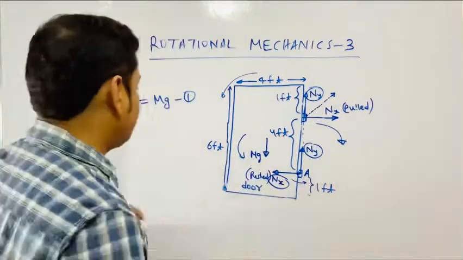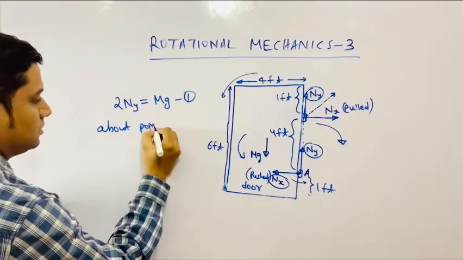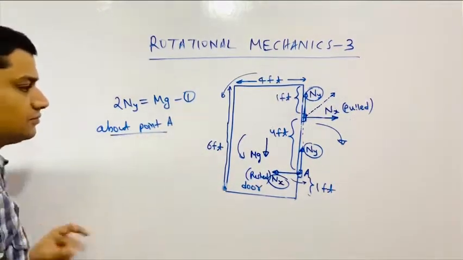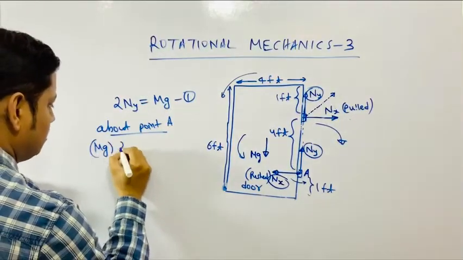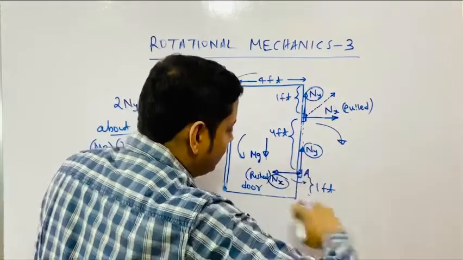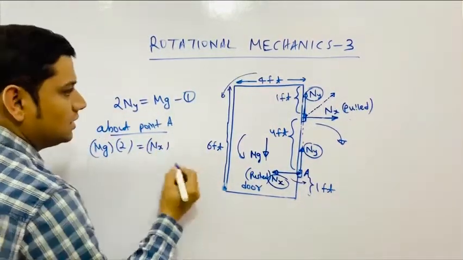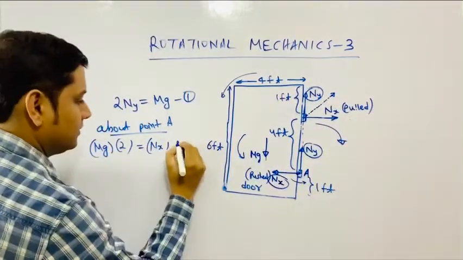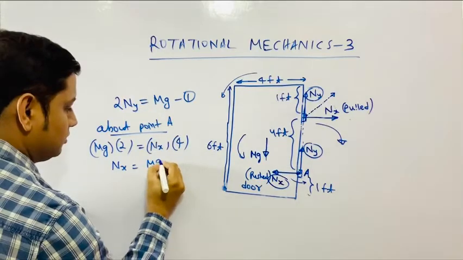So about point A, you would get mg into 2 feet. See, line of action of mg is at a distance of 2 feet. mg into 2 feet is equal to Nx into 4 feet. Here Nx would become equal to mg by 2.